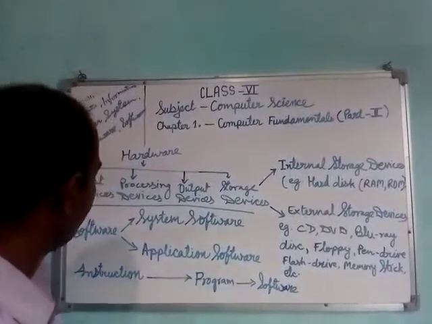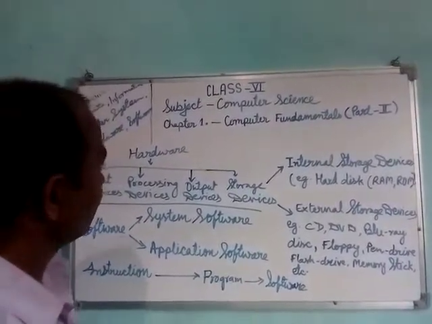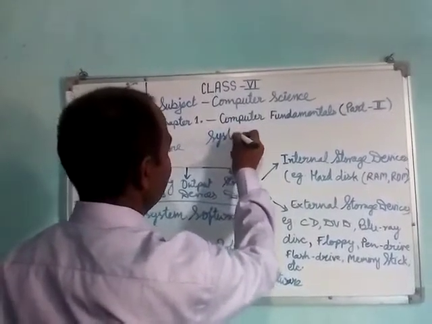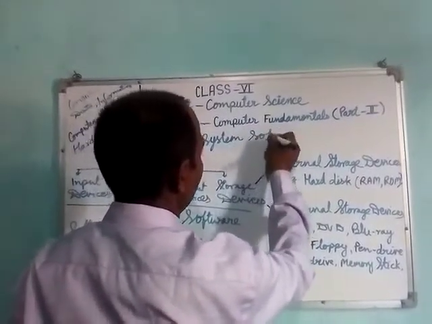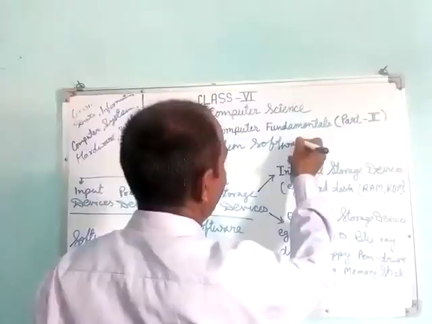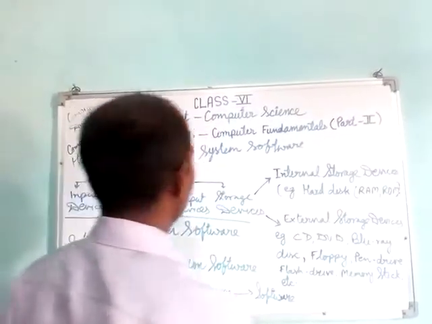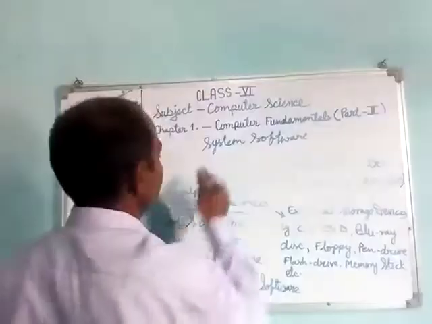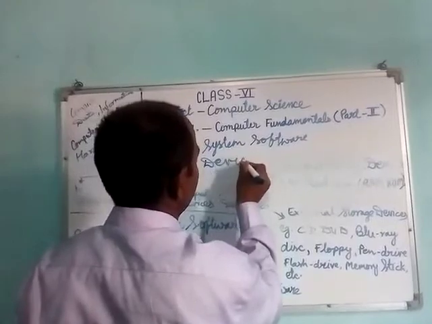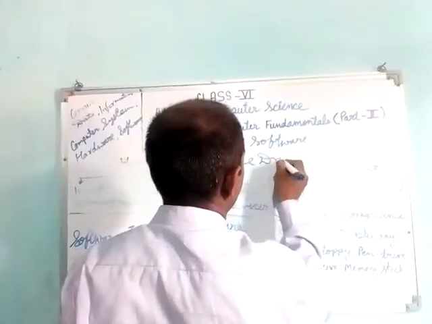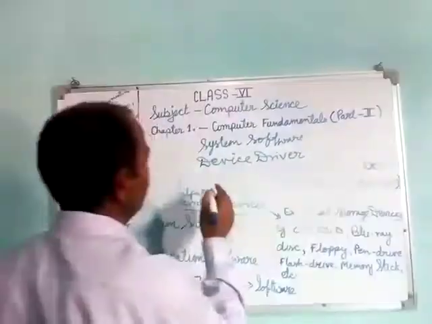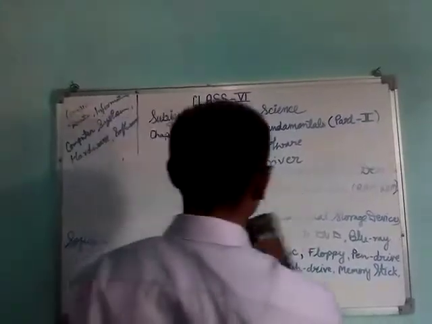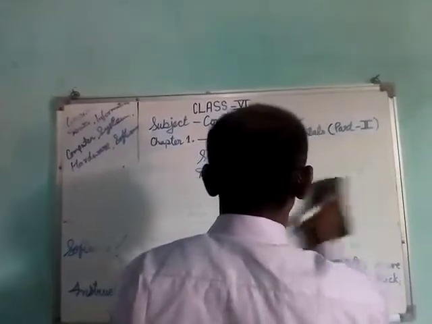Okay, now we can categorize the software in three categories. First category is system software, and the second category is device drivers. And the third category is utility software.